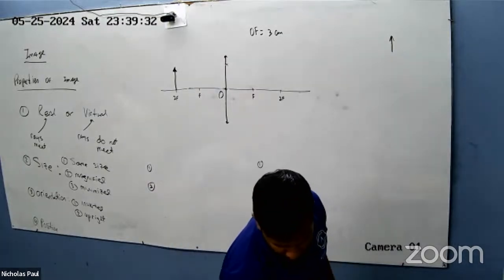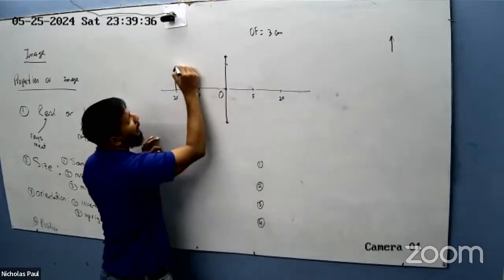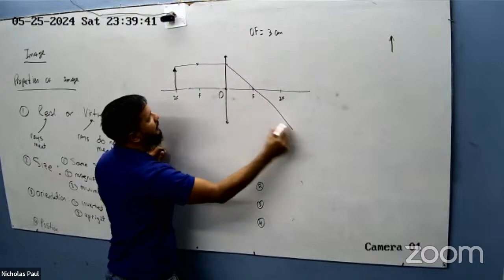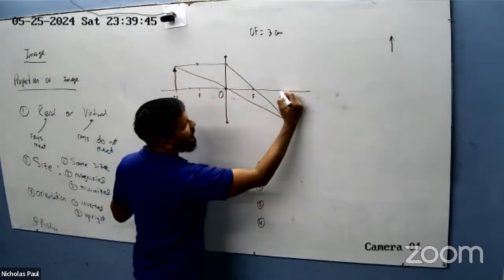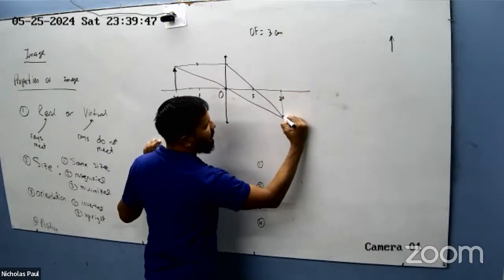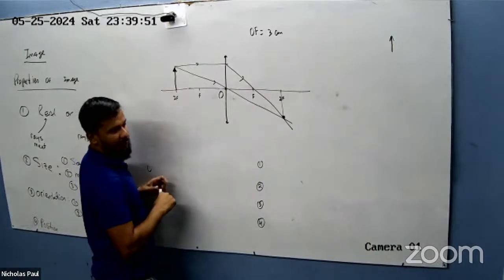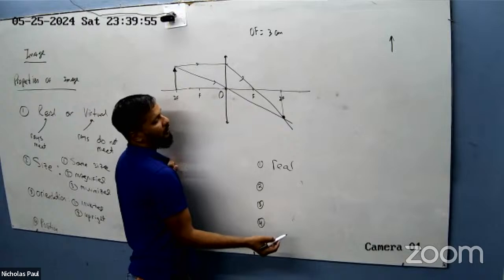Right, so let's just see what happened. You went parallel here, and you went through the focal point, then you went through the optical center, then you come down here and you have the image. So there are 4 things about the image. Number 1, we know it's real.